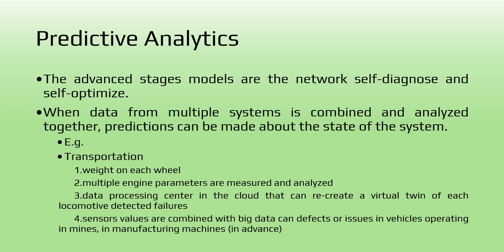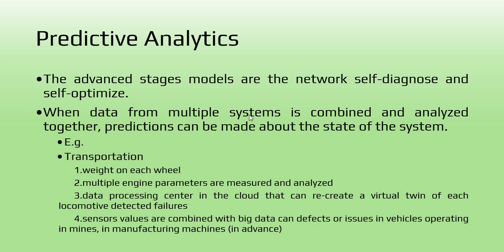You can easily understand this in a smart home: if we are monitoring different rooms, depending on the current atmospheric temperature we predict that the temperature can be reduced or increased.